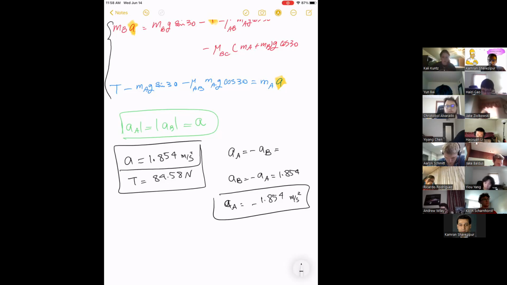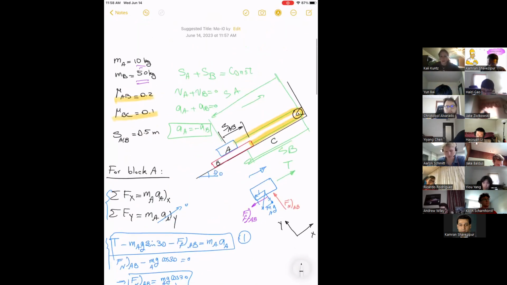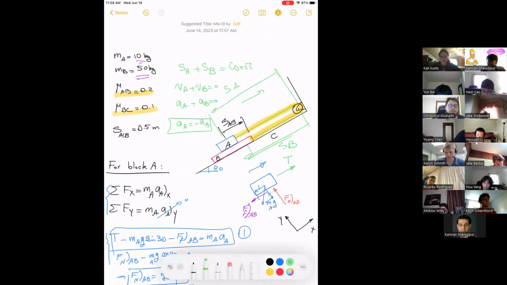Now the problem asks you to find the distance. I'm just going to go back here. The distance that A goes on B, which is relative distance, right?